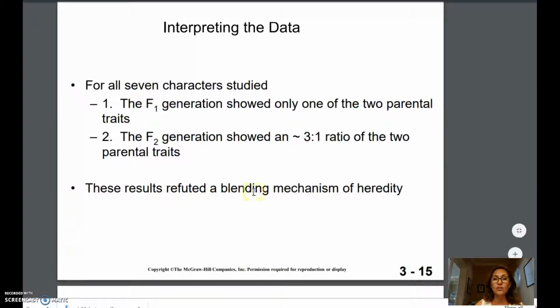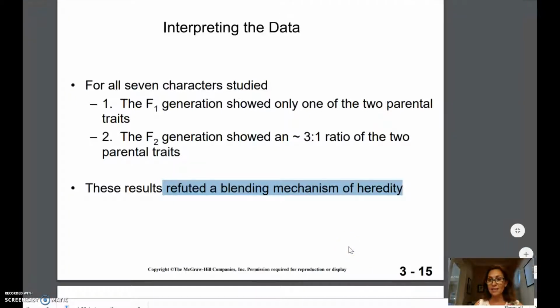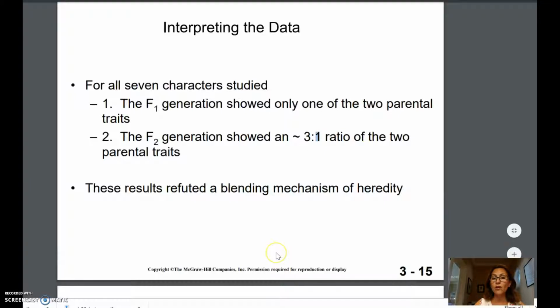And so these results refuted the blending mechanism of heredity, because in the F2 generation, in the grandkids, you saw one of the parental components. So in other words, things don't get mashed together and mixed over time. Things come together, you see one or another, and then they can be separated back out.